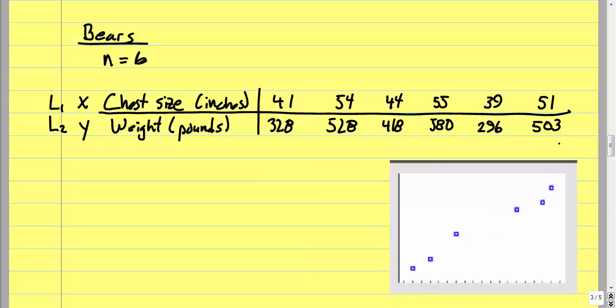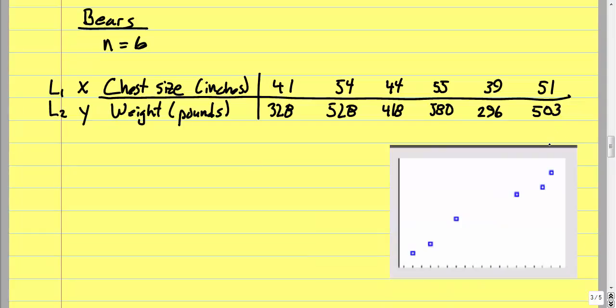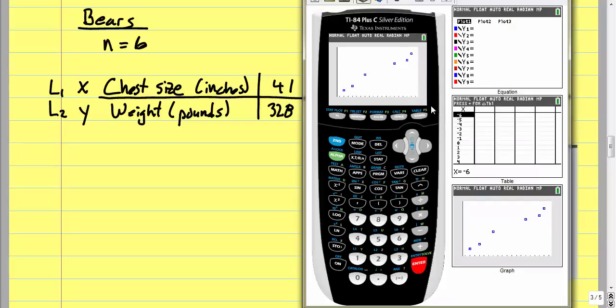Okay, the next thing we want to know, let's go ahead and calculate our correlation coefficient. So we can do our correlation coefficient under stat, tests, and we want to look under our linear regression t-test right here.